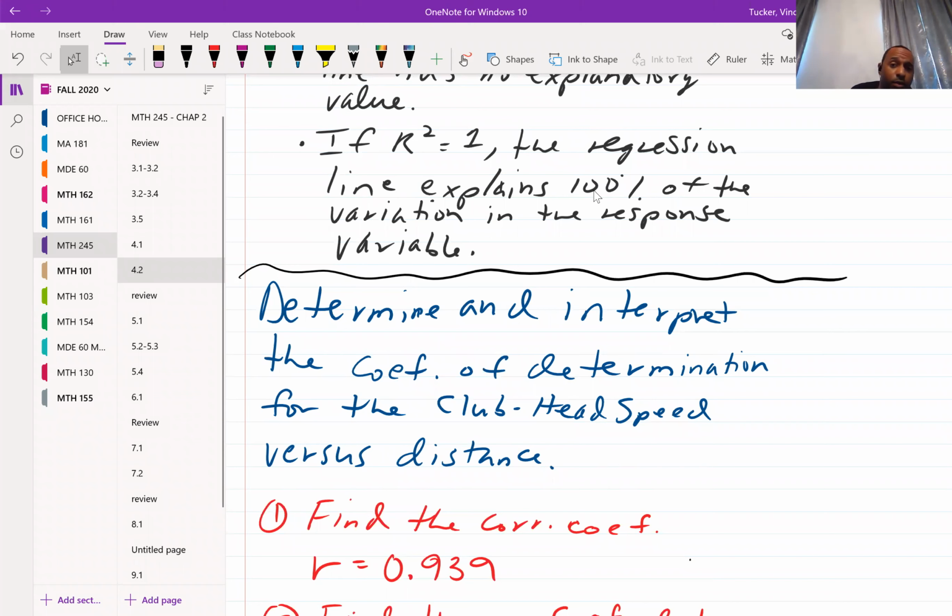We've already done that for this set of data, so we won't revisit the process. Remember, all we did was we had our data set, club head speed and the distance. We put that in easycalculation.com, and we got this value right here. R is equal to 0.939. So that's the first thing you want to do: find the correlation coefficient.